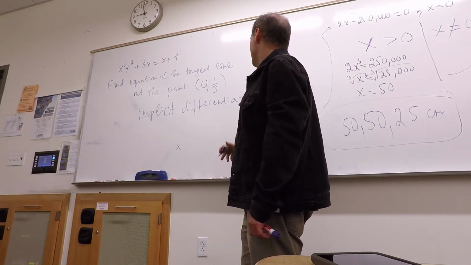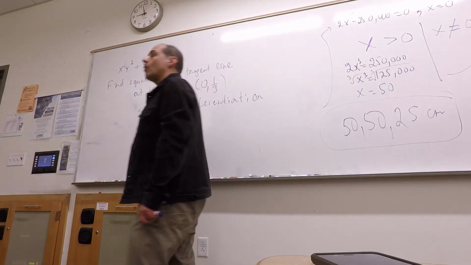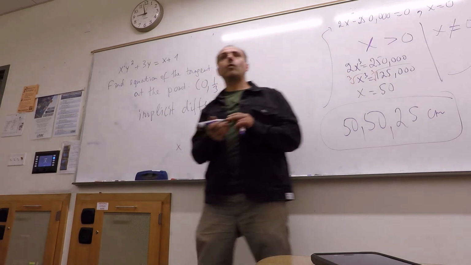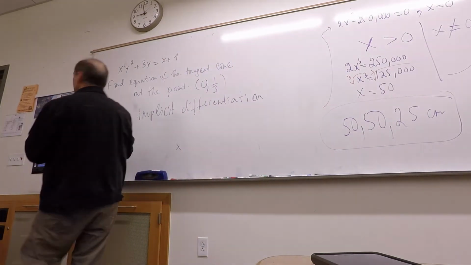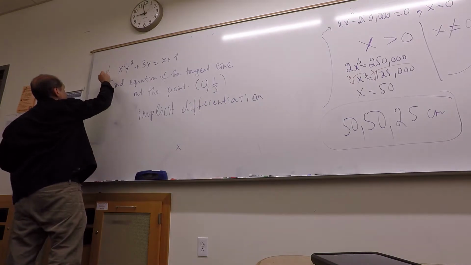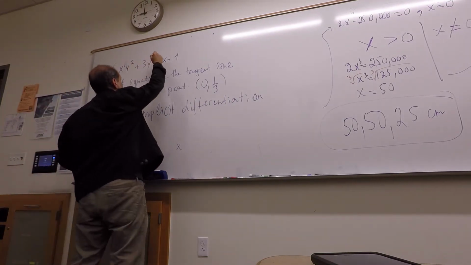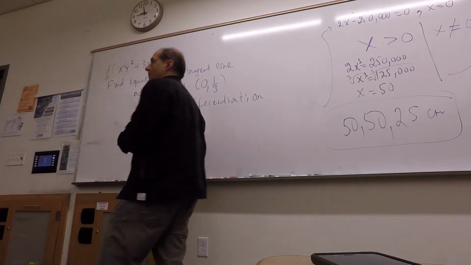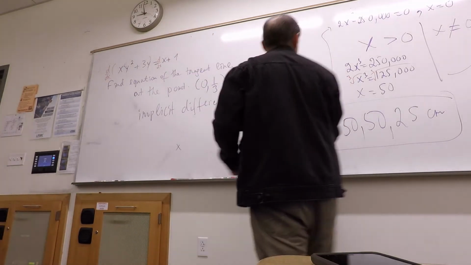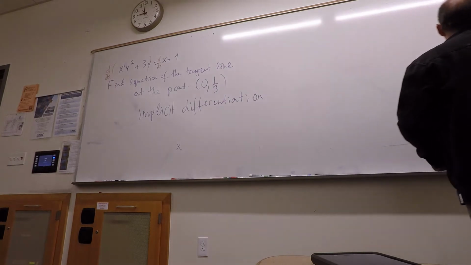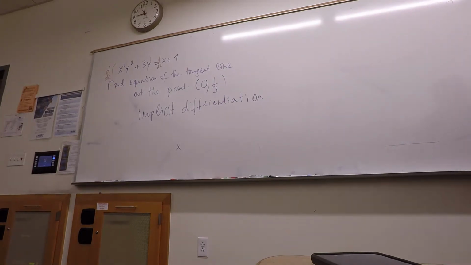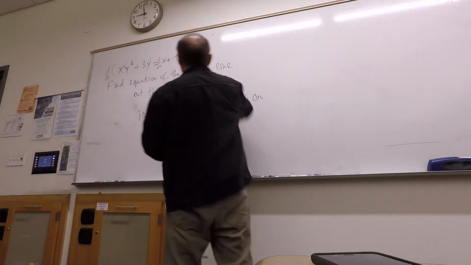Right, because it's not solved for y. So I'm going to do the derivative with respect to x here, and with respect to x here. So on the left side, what do we get?